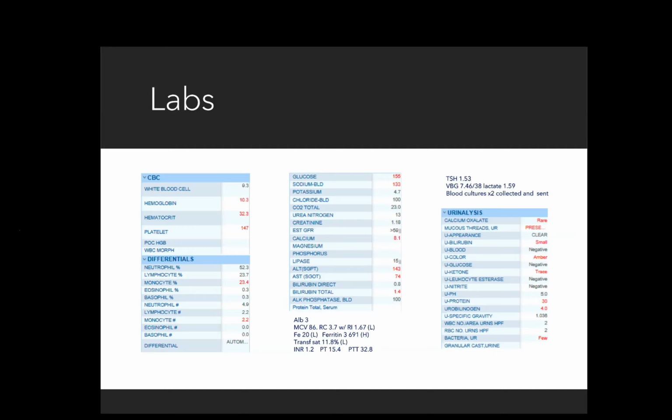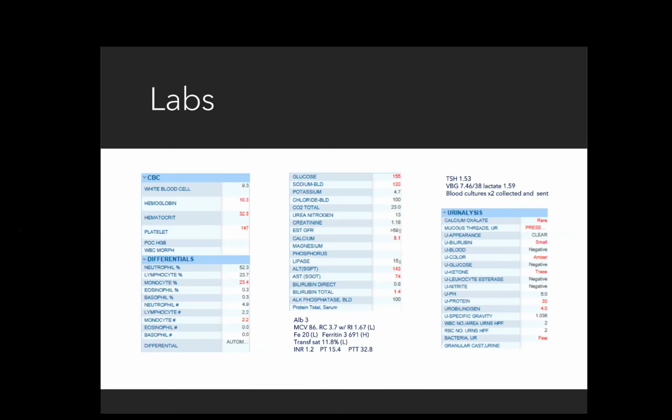There was some transaminitis, ALT 143, AST 74, bilirubin was 1.4. Alkaline phosphatase was normal. Albumin was 3. The TSH was 1.53. And the VBG was 7.46 and lactate 1.6.